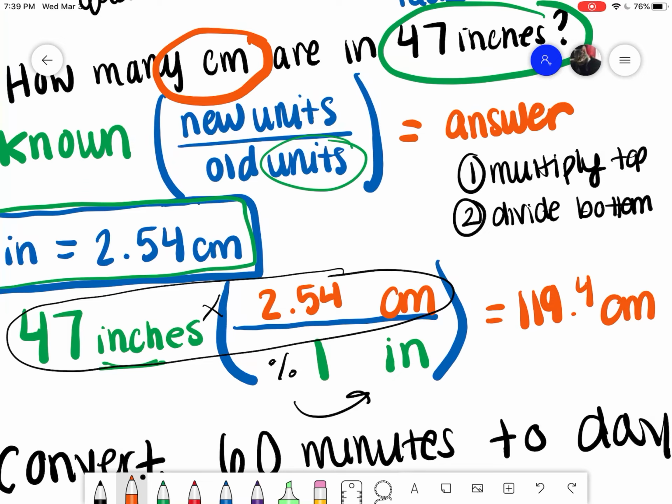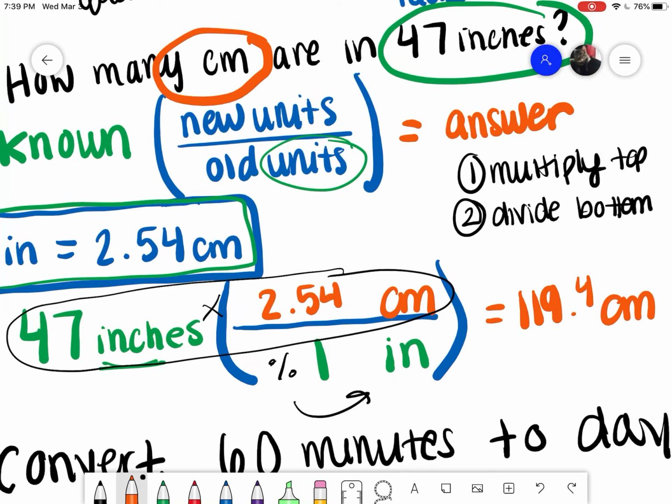So our last step in these questions is, does this answer make sense? So what do I mean by that? Well, does 109.4 centimeters make sense if we started with 47 inches? Well, if you think about it, in 1 inch, we have 2.54 centimeters.